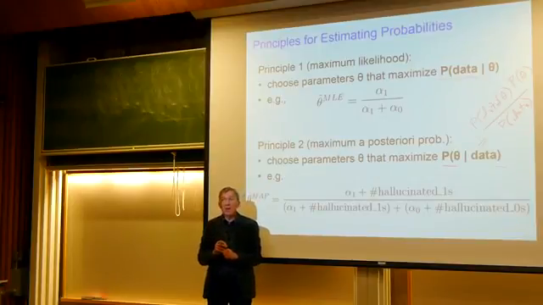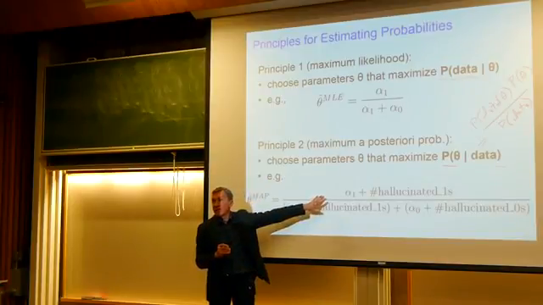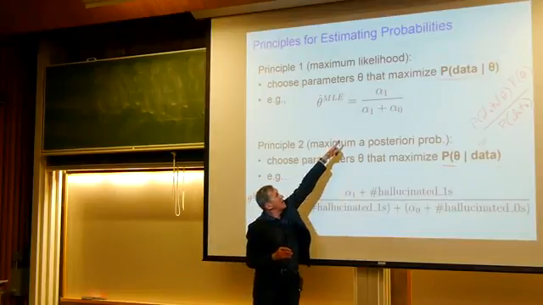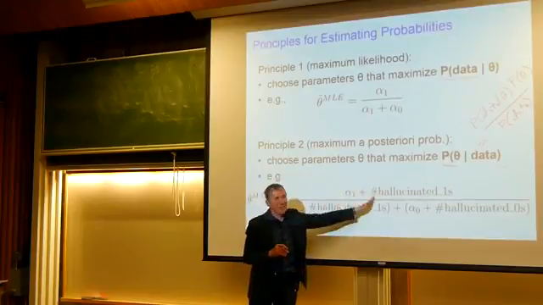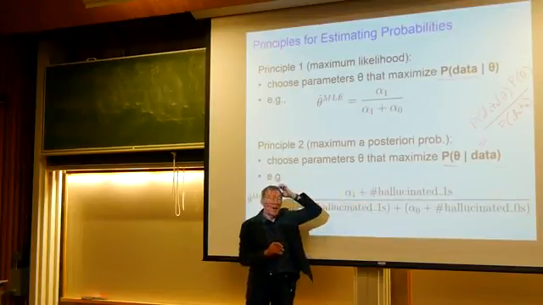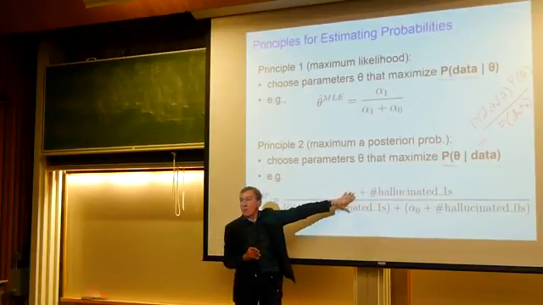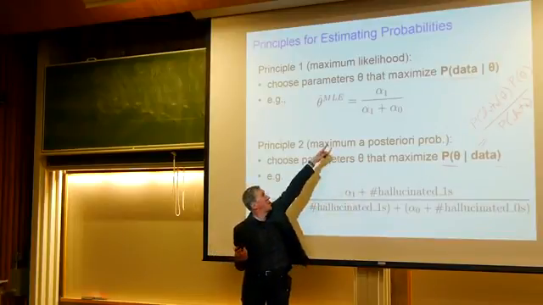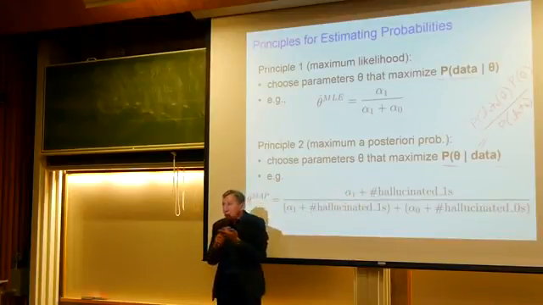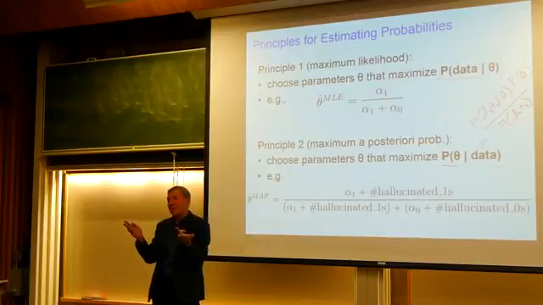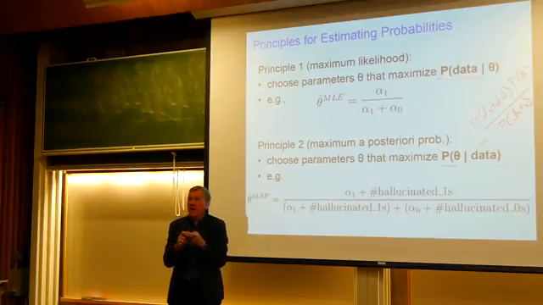You can think of this as equal to this when you have infinite data. The two reasons we sometimes go with this instead of this: one is we don't have good priors, so we don't know what to put there. The second reason is complexity of the computations.